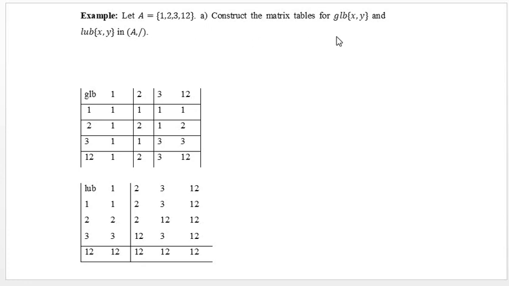Here we construct matrix tables for GLB and LUB of x, y under the relation division. The GLB of x and y under division is given in this table. The LUB of x and y under division is given in this table.